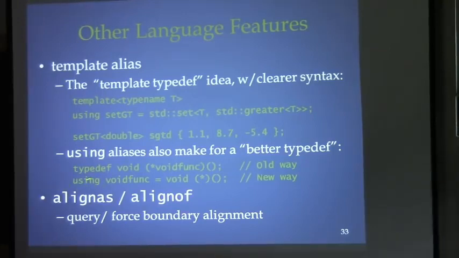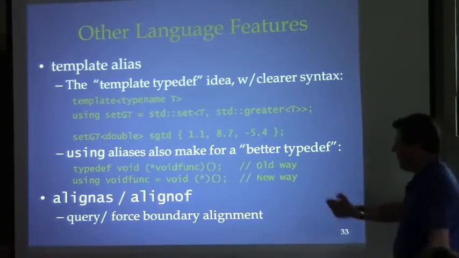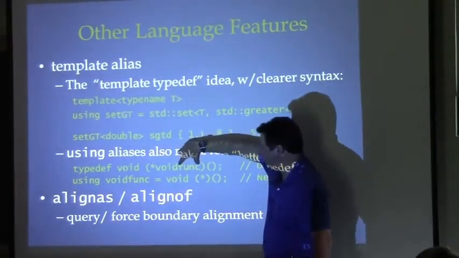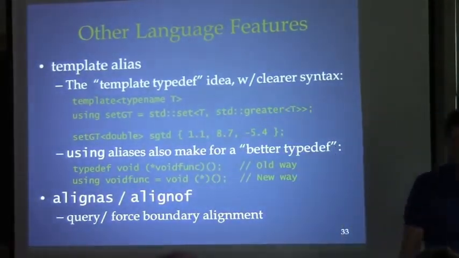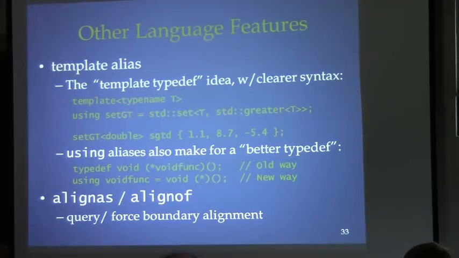Instead you can just say using void func equals, and then specify that declaration without the identifier, and that makes it really clear. Pointer to... well, relatively clear. Okay, maybe in this example, but imagine if this was a lot more complicated. This is going to be more readable, because it takes that identifier and puts it right here. It doesn't bury it in the middle of a complex declaration. That was the part that was confusing with the original typedef mechanism.